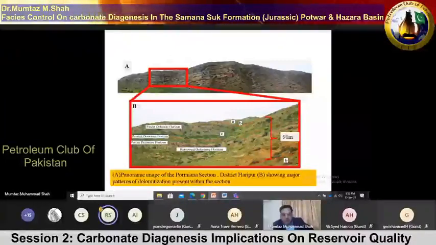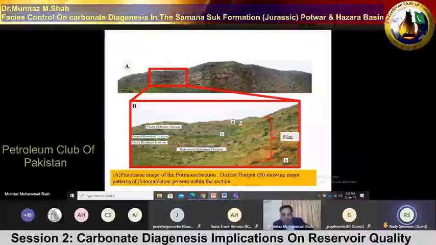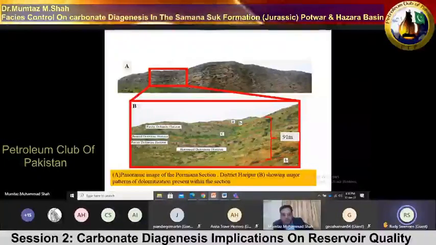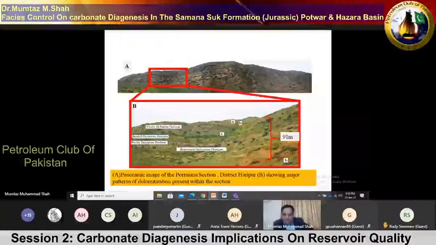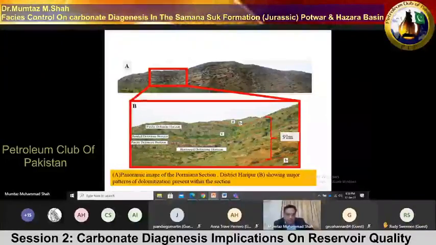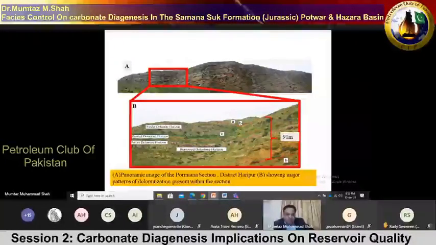Mumtaz, I can only see slides with the fracturing and brecciation, and there it stopped. Oh, really? Okay, I go back. Maybe we have some issue with the speed of the internet. So now, where are you?